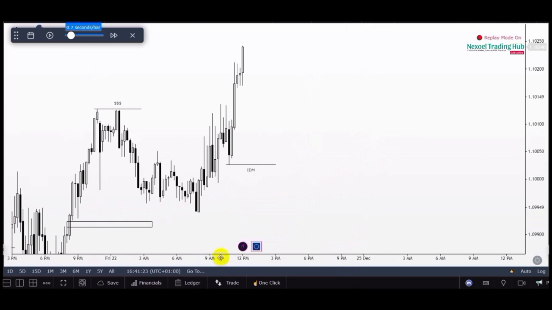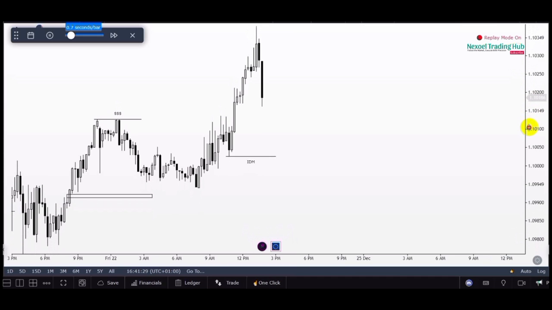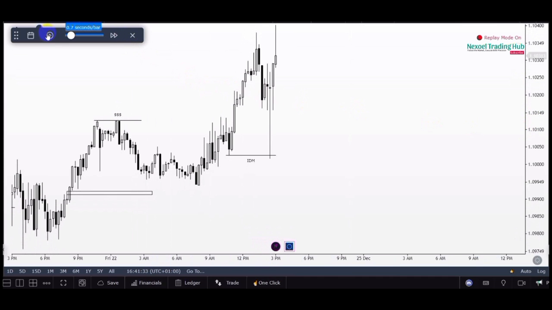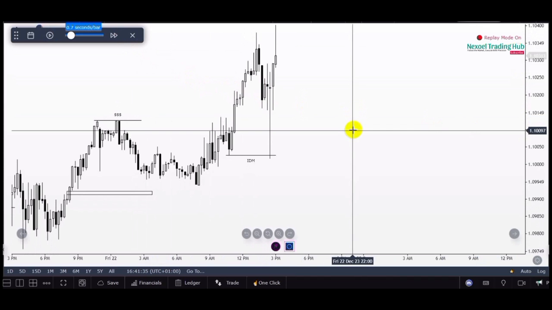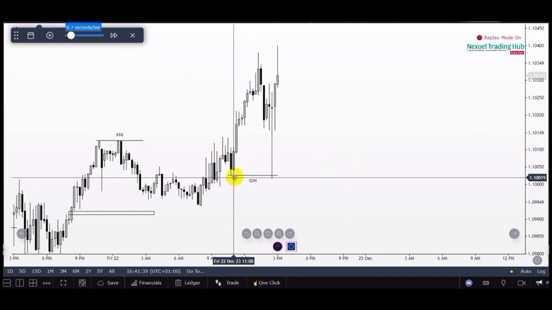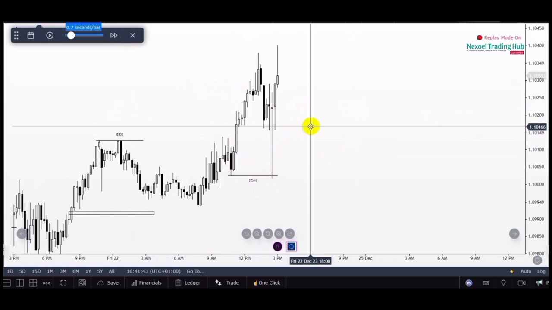So let's play price and see what price is still doing. Now, you would see that price purged our inducement. Price raided the inducement. So I said something earlier that the market will aim for liquidity and then aim towards field inefficiency.